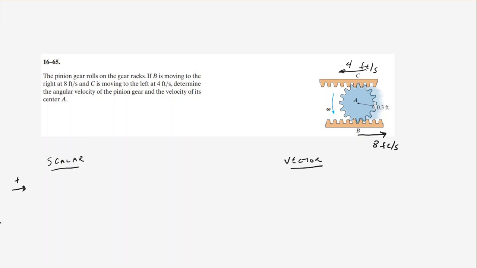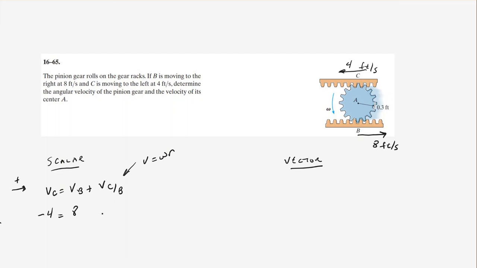So I'm going to do v sub c is equal to v sub b plus v sub c with respect to b. So v sub c would be minus 4 because it's going to the left, is equal to 8, which is going to the right. Now, remember v is equal to omega r.